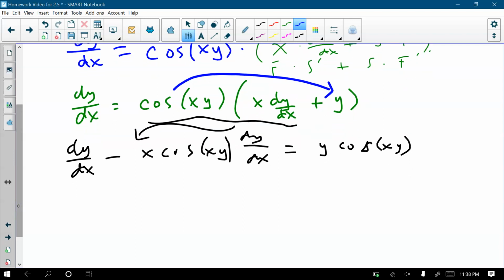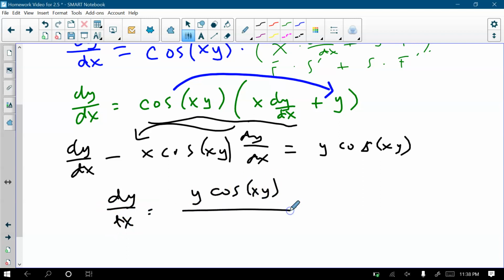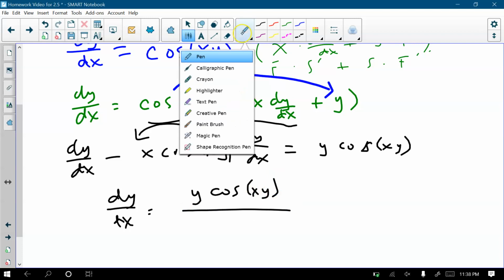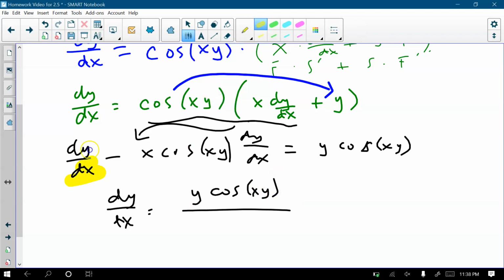So now to fully solve for dy dx, my final answer is going to be dy dx equals, so the top part will be y cosine of xy. On the bottom, if I take a dy dx out of this term, I'm going to get a 1.